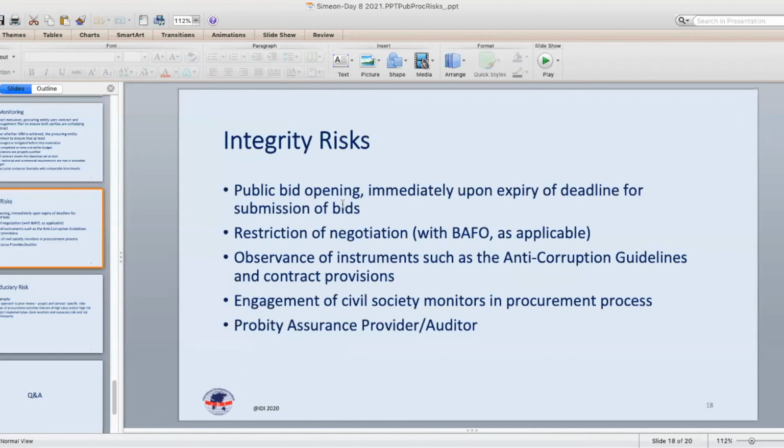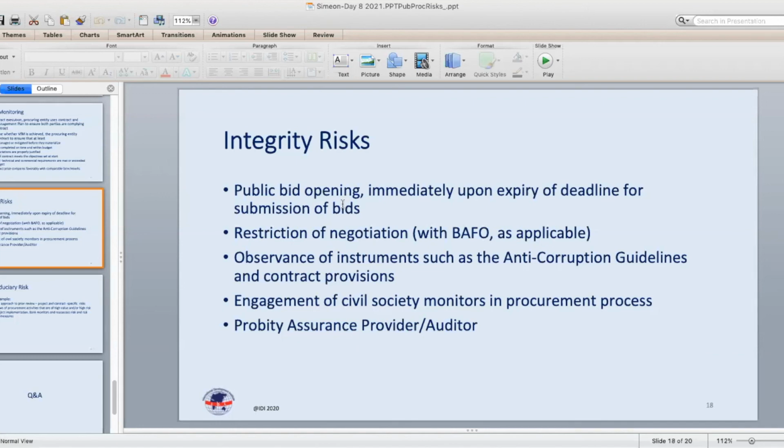Integrity risks. So there are various techniques that are designed to support integrity in the procurement process. They may support other important objectives, such as transparency, but they're looked at here through the optic of integrity.